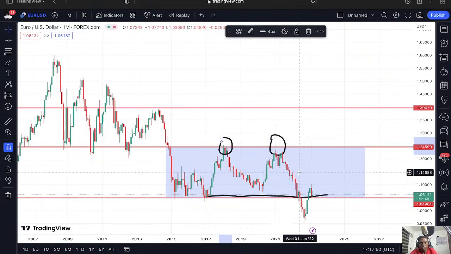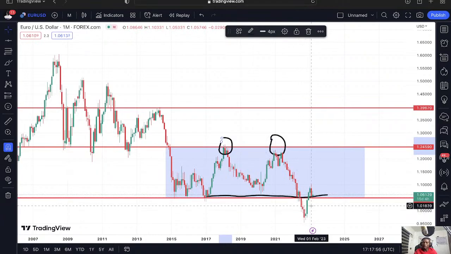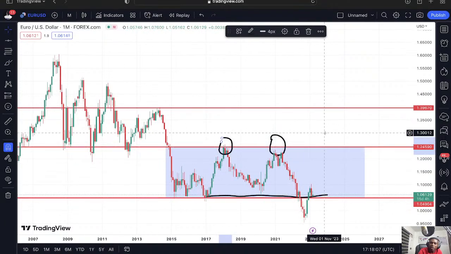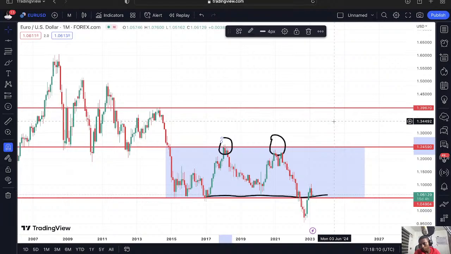So these are double tops. Spotting a double top, we expect a bearish pattern. Double top is a bearish pattern, double bottom is a bullish pattern. When the reverse is the case and these two are facing down, then we are expecting a breakout to the upside, which is very important.